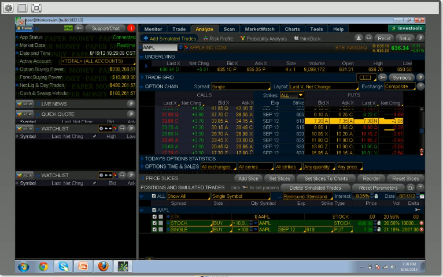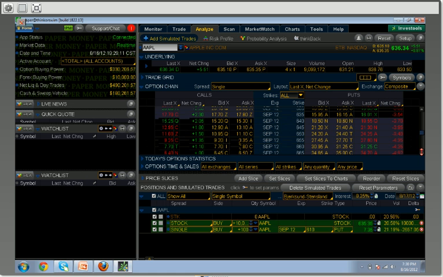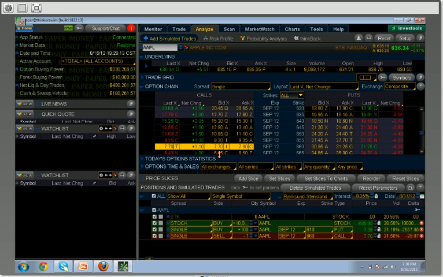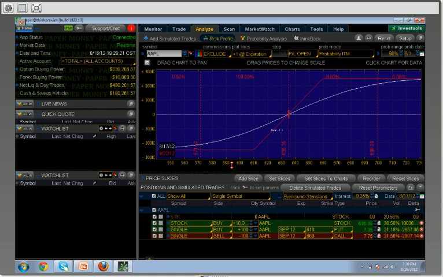And then he would sell a 660 call that is also $25 out of the money. And what he's done is he's now put a floor and a ceiling on his trade. And so it's essentially collaring the trade.